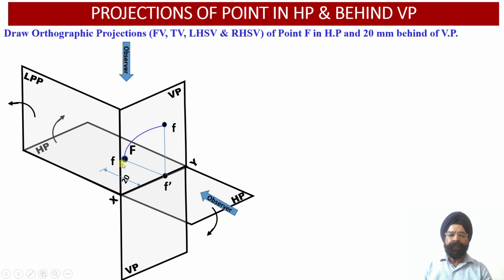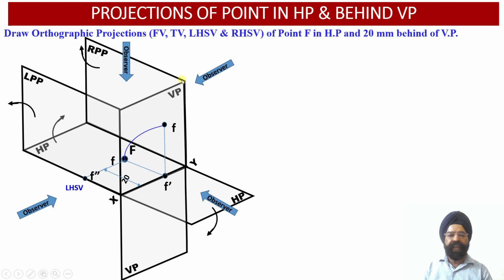So now we can check, as the observer looks at this point F from the left side orientation, this point F will be projected appropriately onto the left profile plane alongside the XY reference line. So we observe that in the profile plane projections, this point F double dash, the left hand side view projection, will be available on the horizontal plane onto the left profile plane.